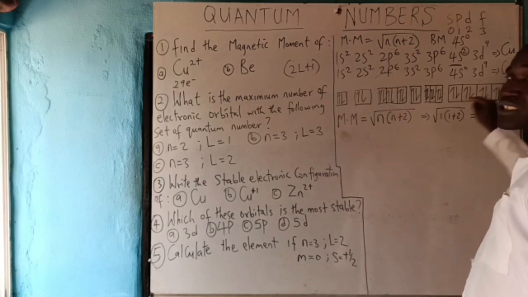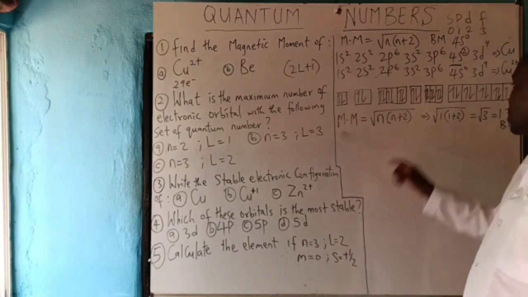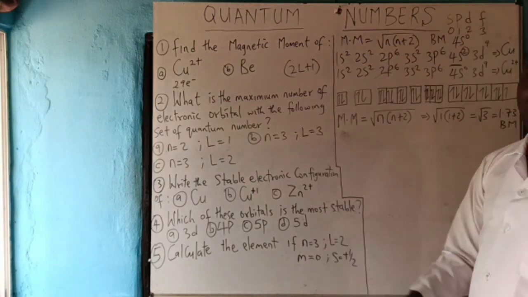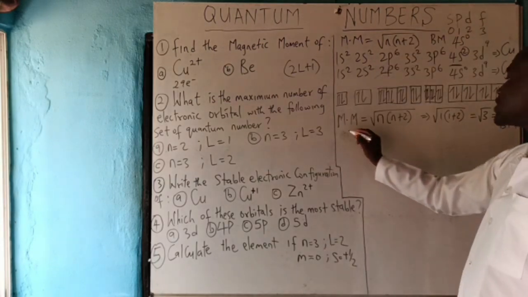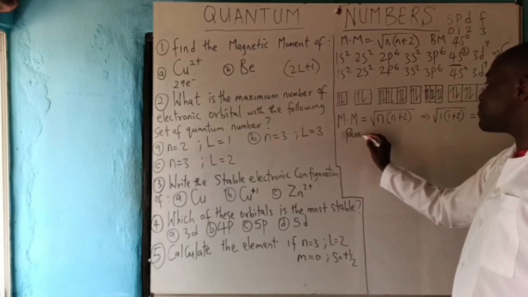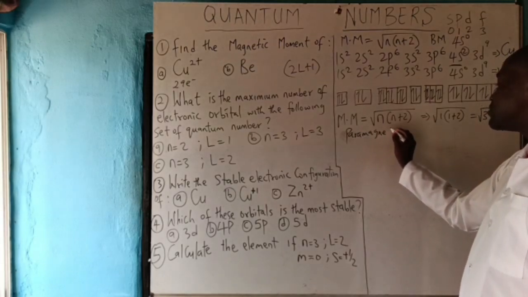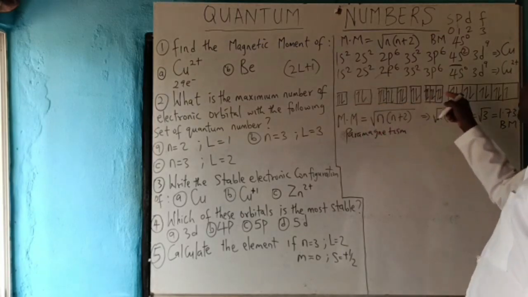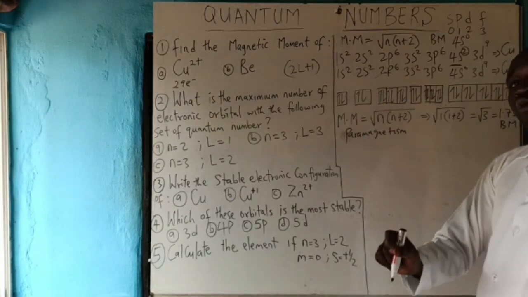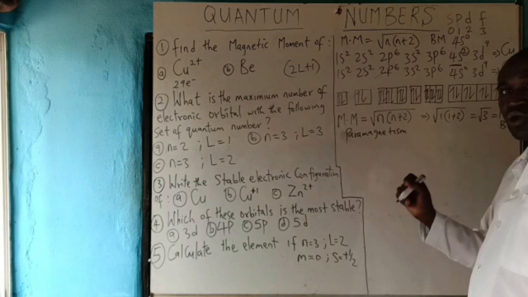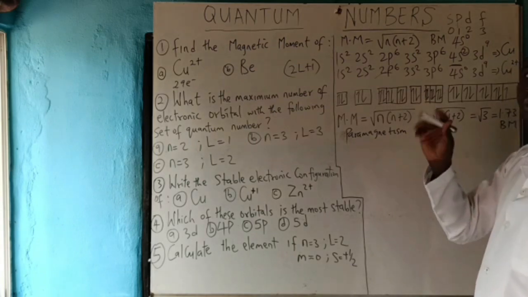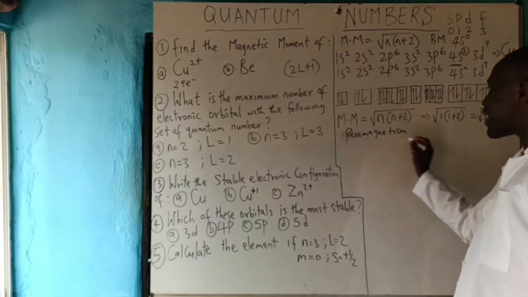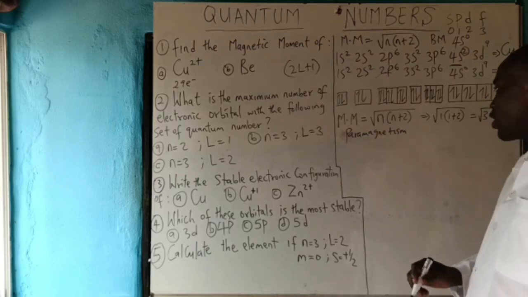And in this case, the unpaired electron overshadows the paired electron, and that is where the principle of paramagnetism comes in.